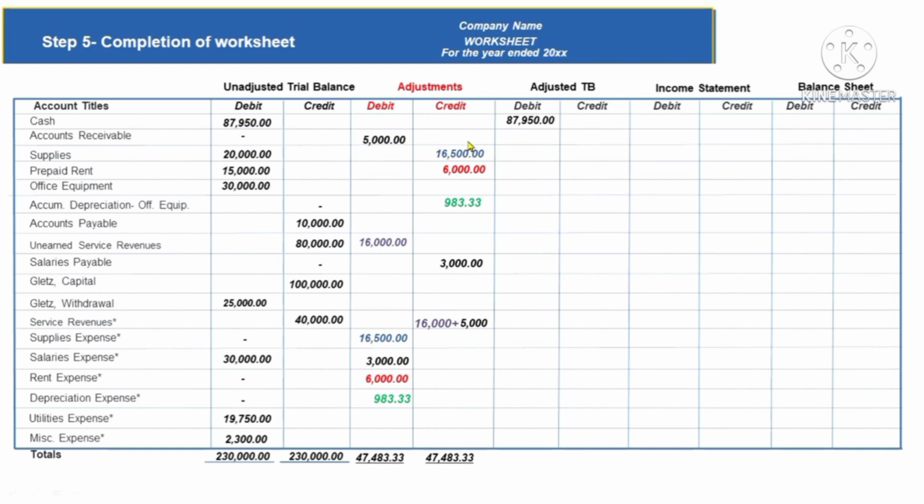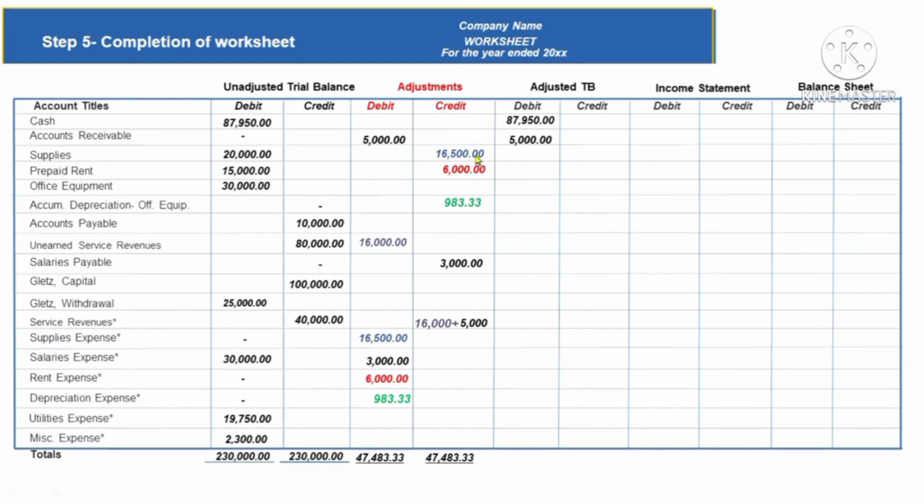So you also need to copy that one to the adjusted trial balance. But in the supplies, the original entry is 20,000. However, in the adjustments column, there is a credit of 16,500. So in the adjusted trial balance, the supplies should be the difference between the two because they are opposite. This one is on the debit and this one is on the credit.